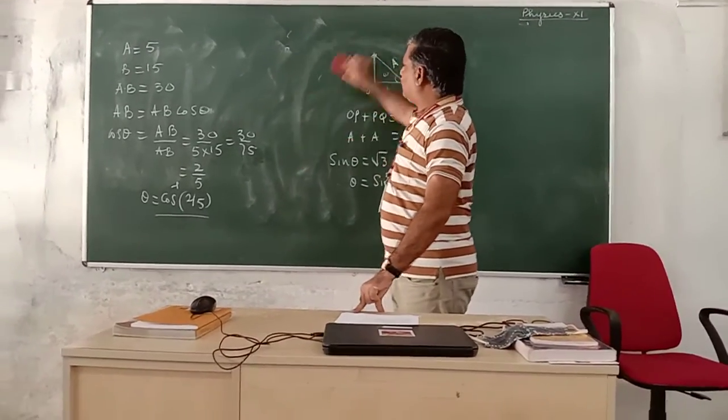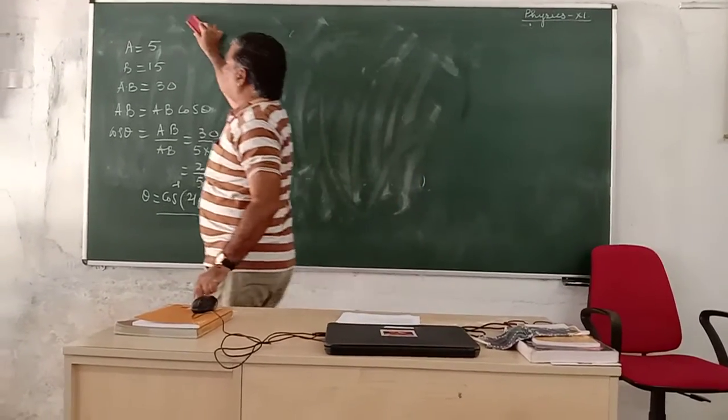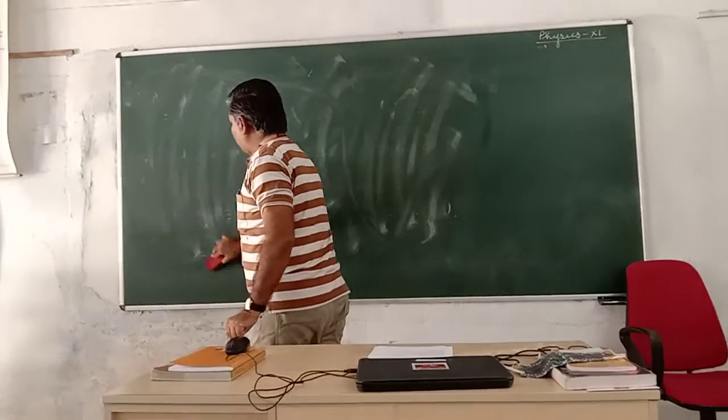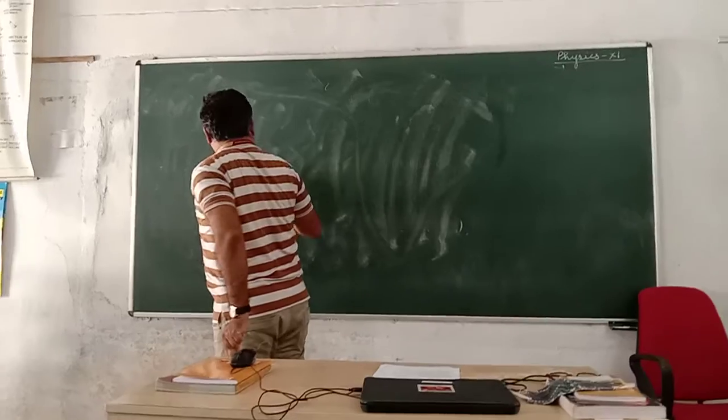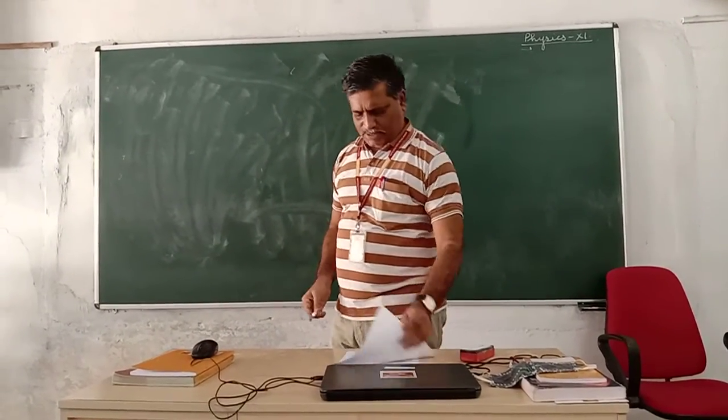If two vectors are perpendicular to each other, it means that their dot product is 0.